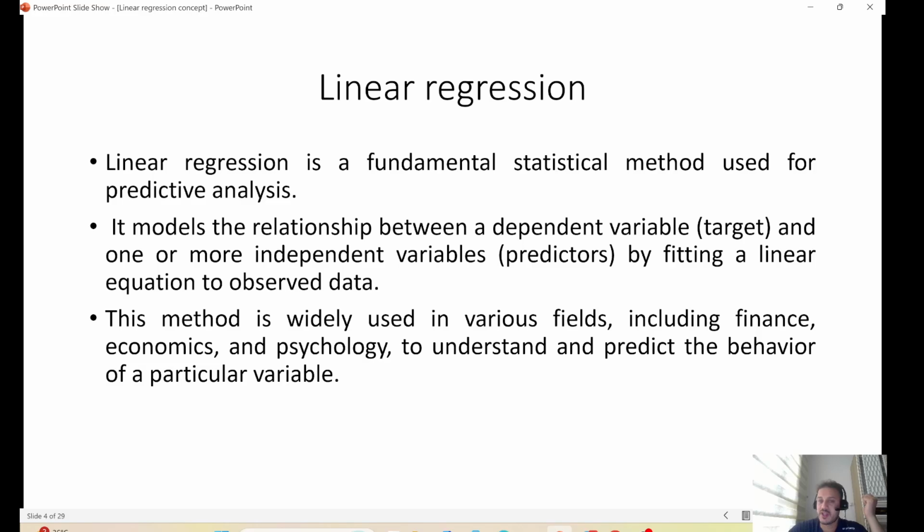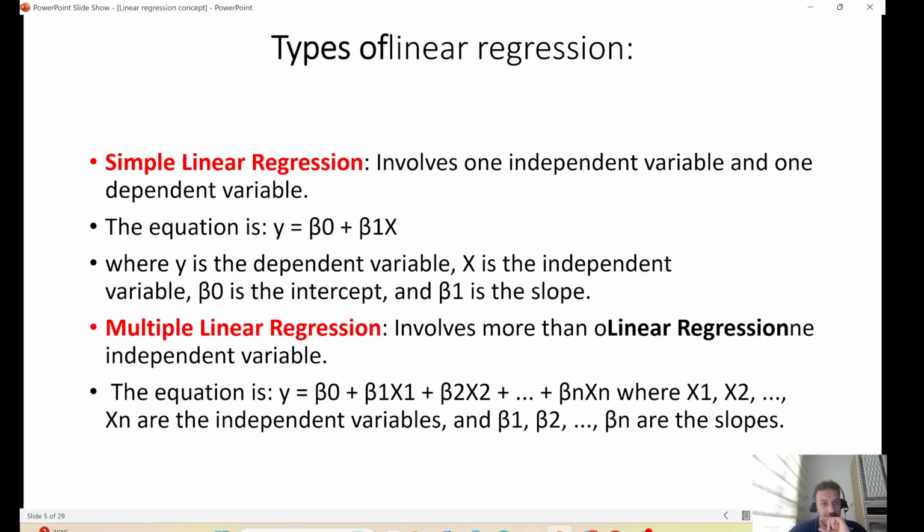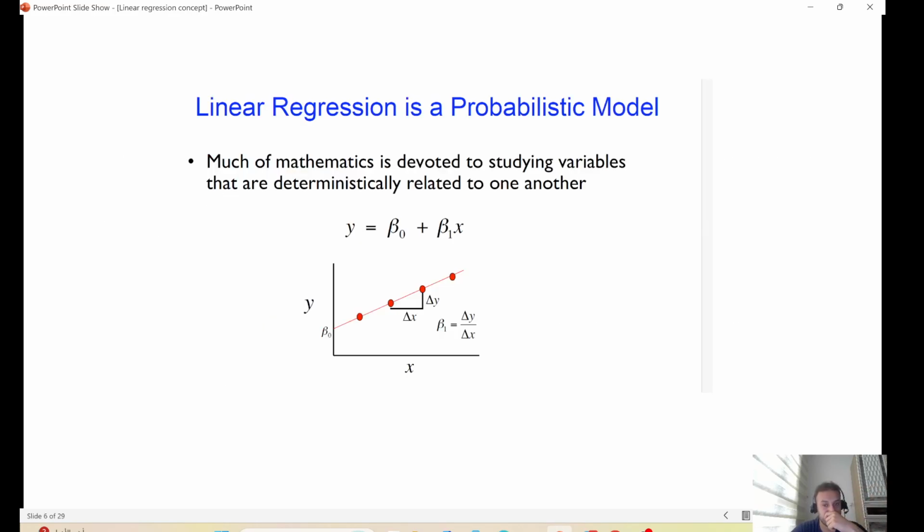It's used in oil and gas, everywhere. You have two types of linear regression, simple and multiple. In simple linear regression, you have one y and one x. In multiple linear regression, we have one y and multiple x, one dependent and two or more independent.